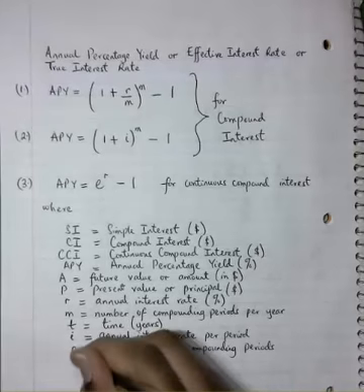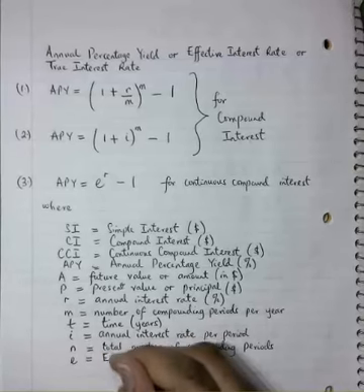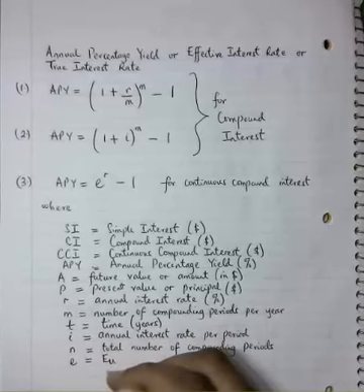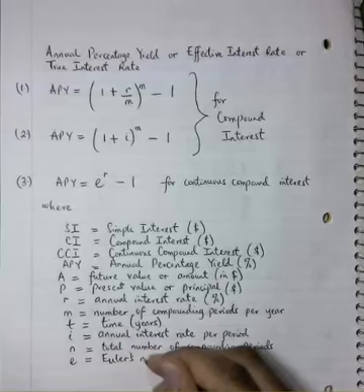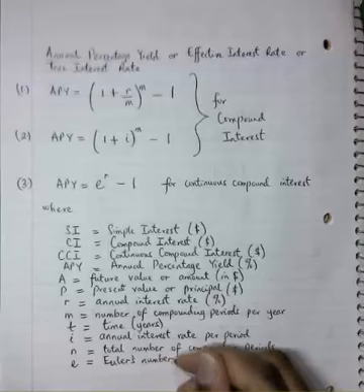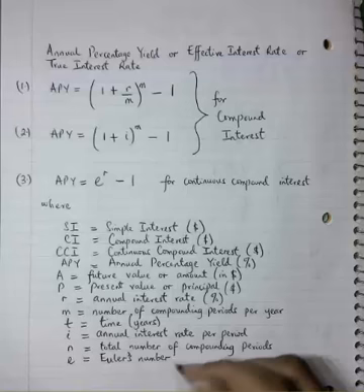Lowercase e. E is Euler's number, Leonhard Euler's number. Please, not Euler's constant, but Euler's number. In some textbooks, they will also say Napier's constant.